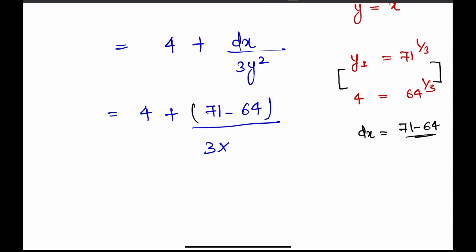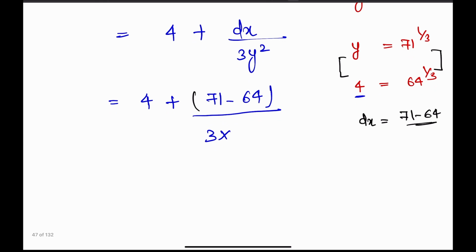So the y which we want to find is here, because this one is already given. The y whose value we want to find is 4. 4 also we can take.